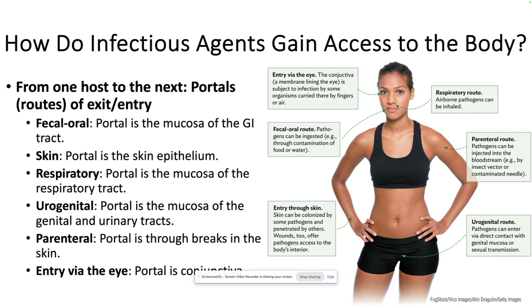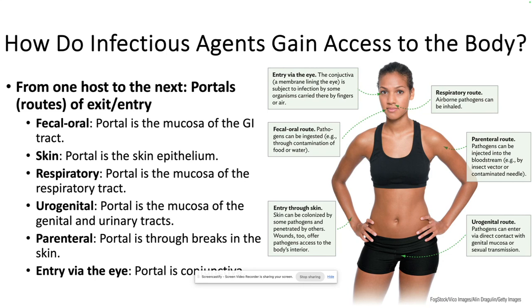Your skin is actually the first line of defense for your immune system. As long as it's intact, it prevents infectious agents from gaining access to your body. It's when you get cuts and nicks and any wounds that open your skin up that you can be vulnerable to an infectious agent gaining entry through your skin cells.